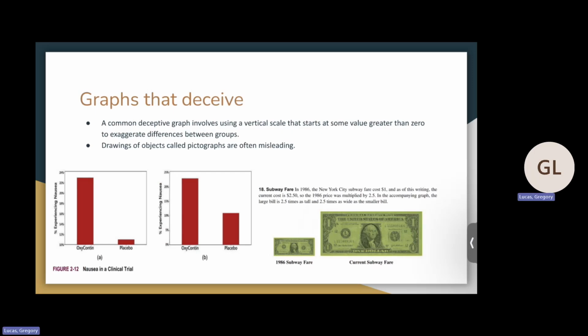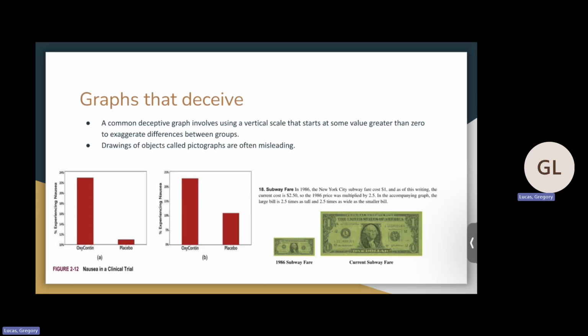What we might have not known is this is only for categorical data. Okay. So here are two graphs we do not want to use, so graphs that deceive. A common deceptive graph involves using a vertical scale that does not start at 0. If we look at the first one, we start at 10% on our vertical scale, and it looks like there's a very big difference between the drug and the placebo.